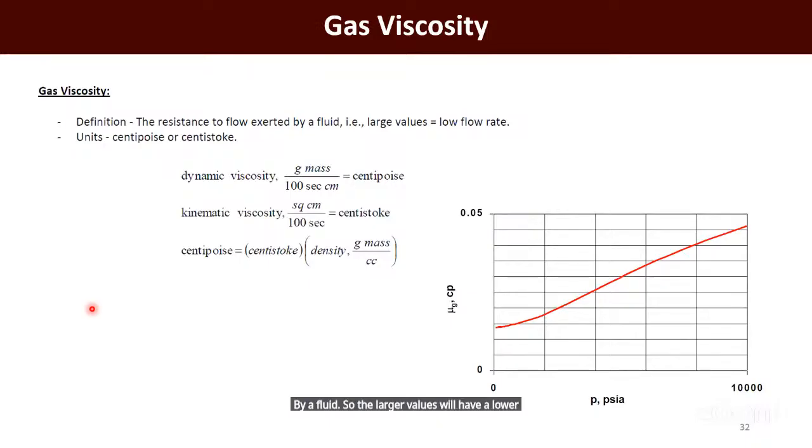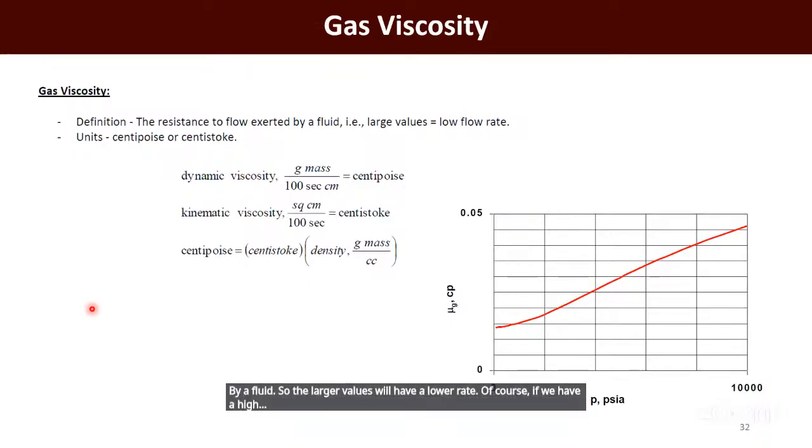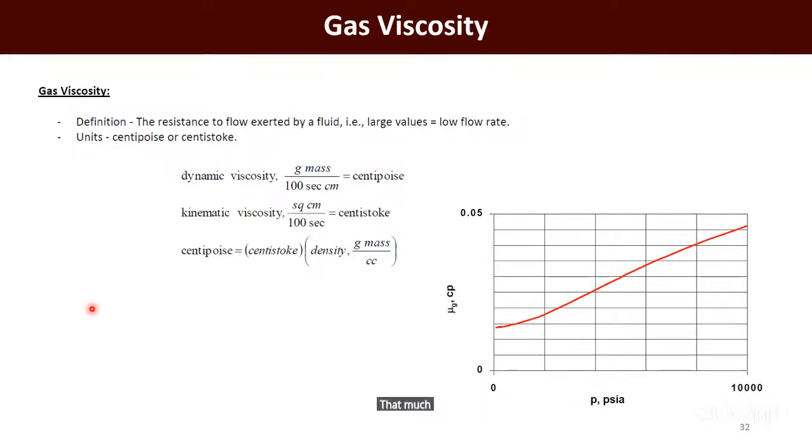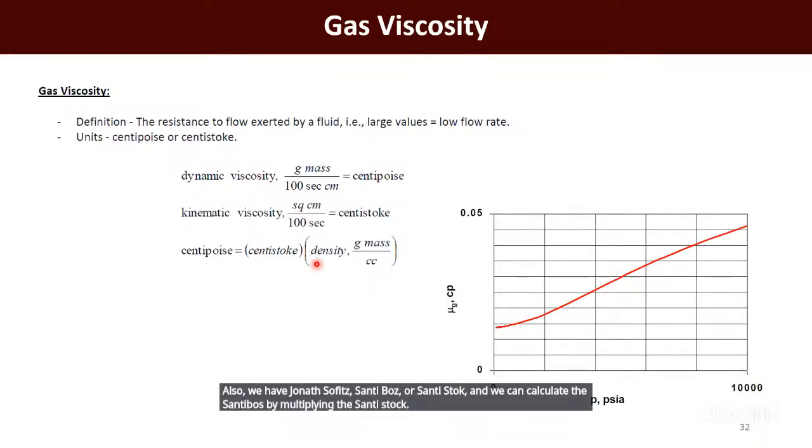Of course, the gas viscosity will not be that high; it's ranging from 0 to 0.5. The units are centipoise or centistoke, and we can calculate the centipoise by multiplying the centistoke by the density.